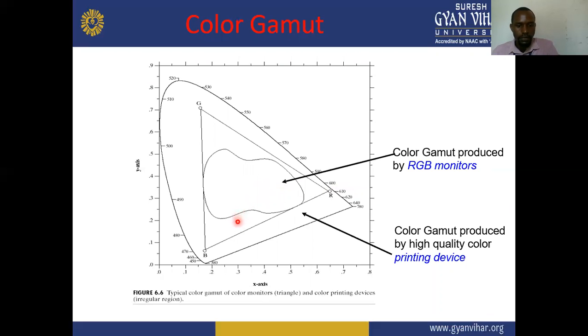In a typical color gamut, we have this triangle. This triangle is what is used to refer to different colors. So R refers to red, which is denoted at this position, and blue is found at this position because of its electromagnetic wavelength. That is why they are located at these points. And green is at this position.